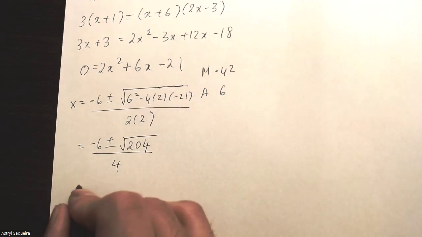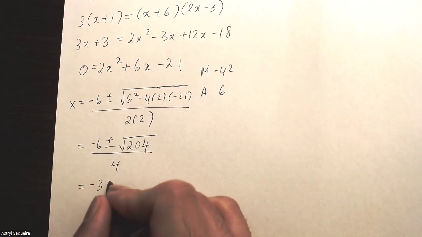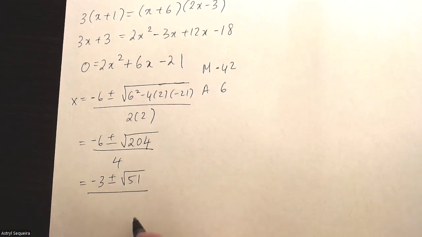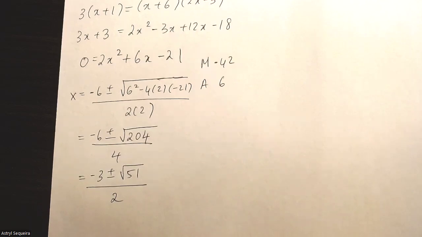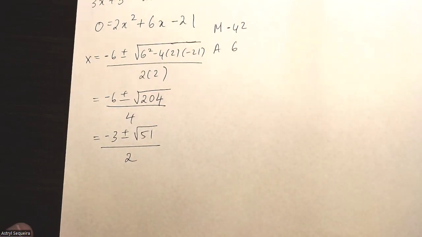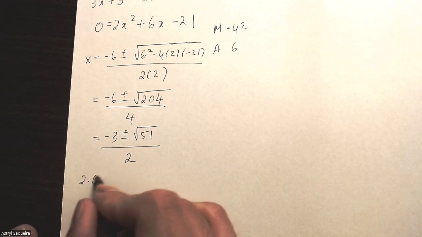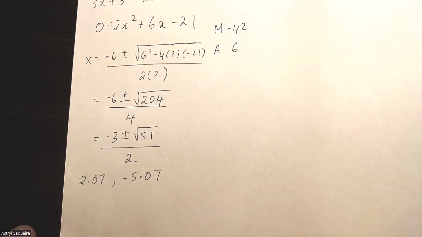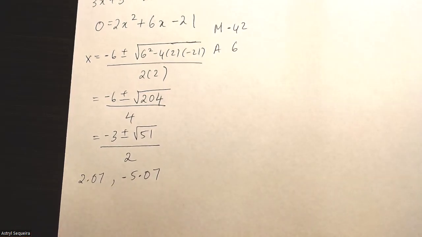But I'm just going to do this in my scientific calculator, and I get negative 3 plus or minus root of 51 divided by 2. Then I'll calculate the decimal values of these in my calculator. Basically, it's 2.07 and negative 5.07. Those are two of the solutions over there.